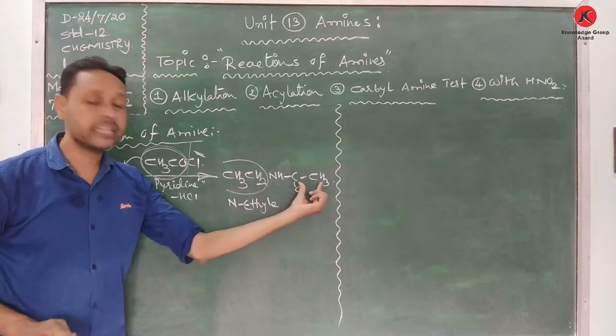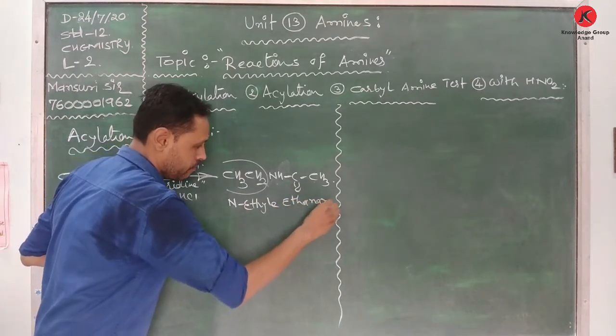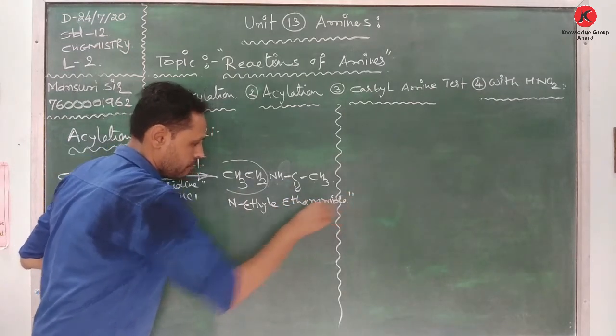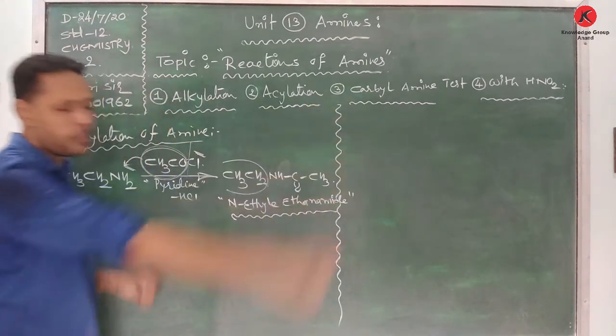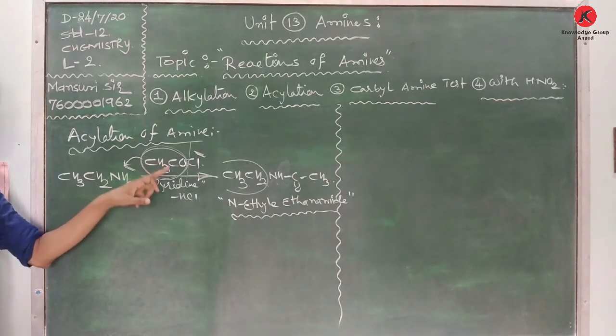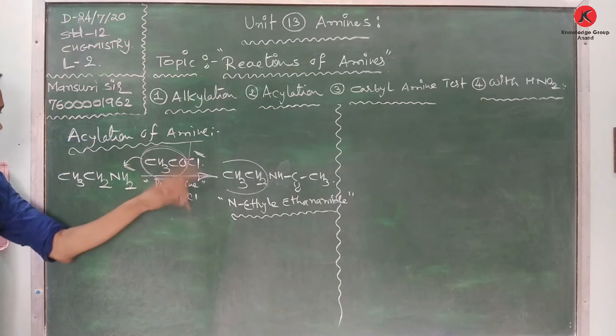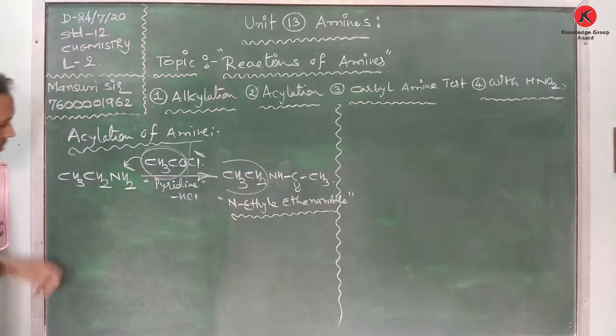So this is ethanamide, and N-ethyl ethanamide is obtained. So ethylamine reacts with acetyl chloride in presence of pyridine, then N-ethyl ethanamide is obtained.